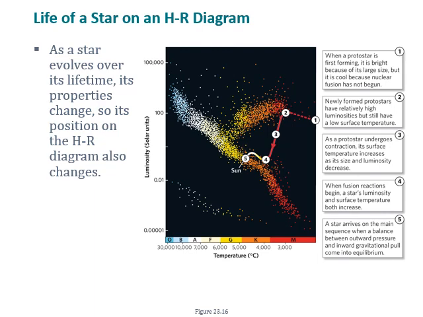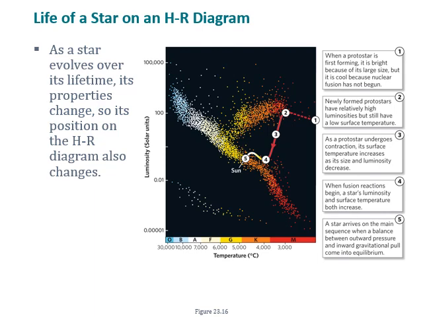The protostar is first forming at point 1 because of its large size, but cannot create fusion, and thus it is relatively cool. At stage 2, the newly formed protostar has a relatively high luminosity but still a low surface temperature. At stage 3, the protostar undergoes a contraction.